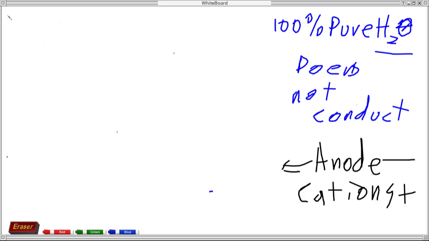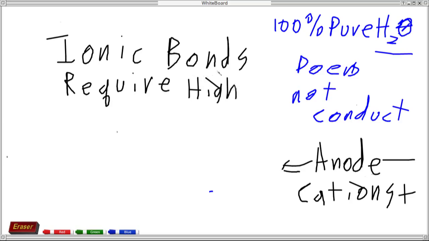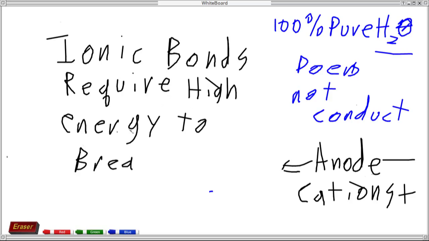Another thing I want you to keep in mind is that ionic bonds require high energy to break.